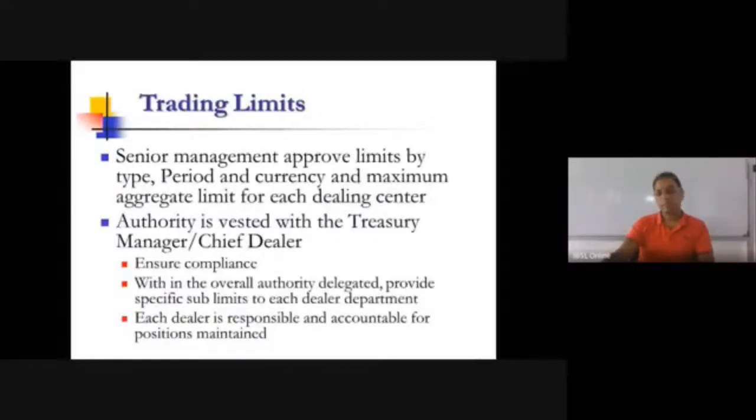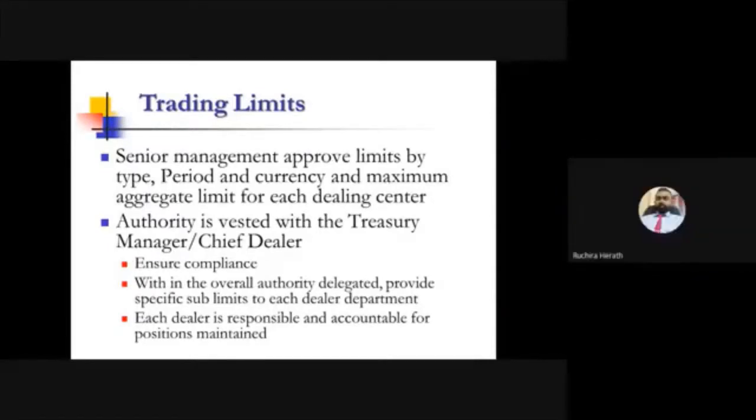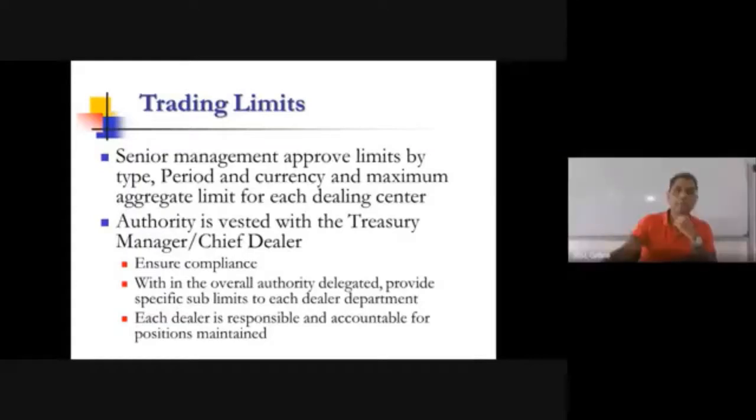So this is coming back to the question that Ruchira asked, trading limits. Senior management approved limits by type, period, currency, maximum aggregate limit for each deal by virtue of how the person has been dealing and what kind of volume of transactions the bank does. Authority is vested with the treasury manager, chief dealer.